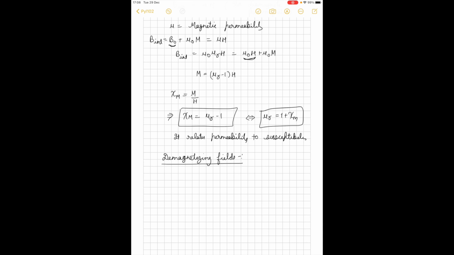But what happens when we have, let's say, ferromagnetic or ferrimagnetic material? So the field inside the material, I can denote it, let's say, H int, it's actually different than the applied H. Why?